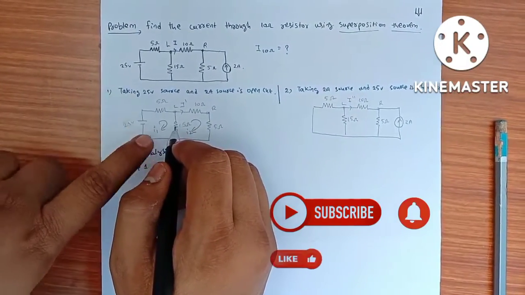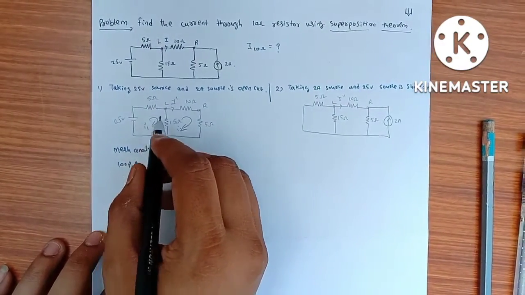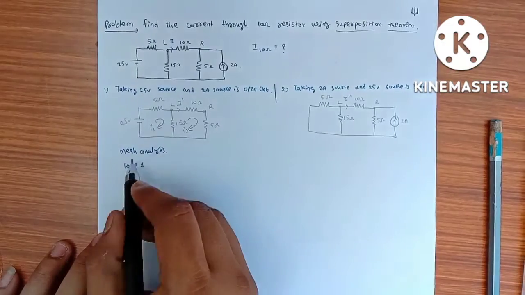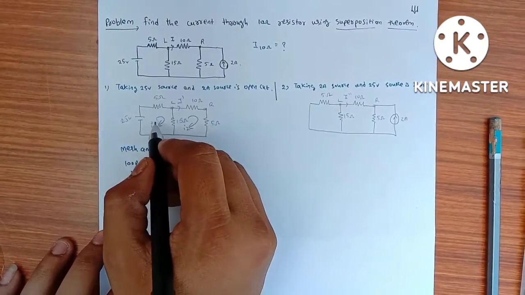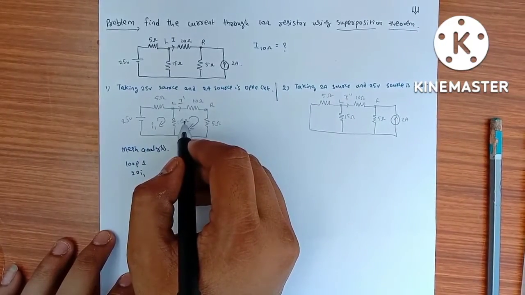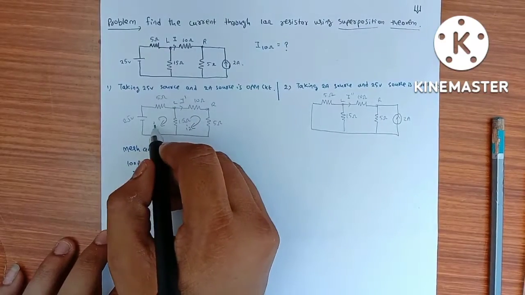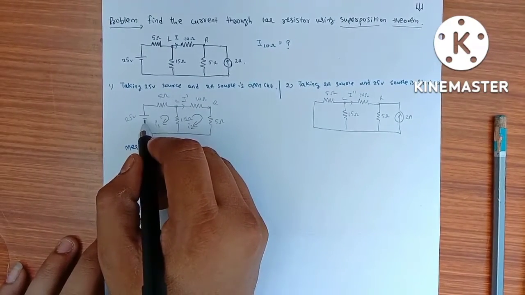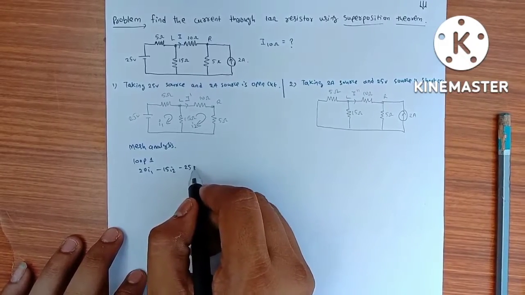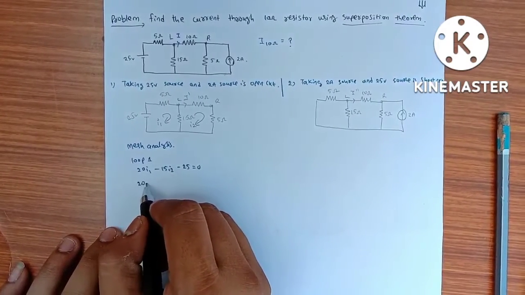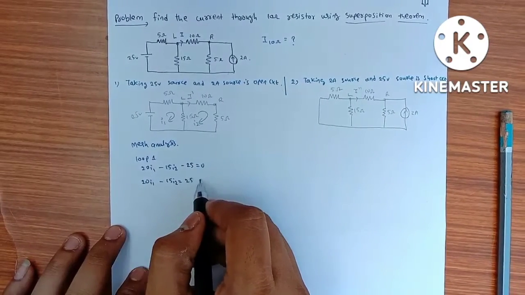if we apply mesh analysis, then in loop 1 the equation we get is 5 plus 15, 20 I1, this I2 affecting on I1 with 15 ohms resistor, so minus 15 into I2, this I1 touching first negative terminal of voltage source, so negative 25, which equals 0. If we rewrite this, 20 I1 minus 15 I2 equals 25.